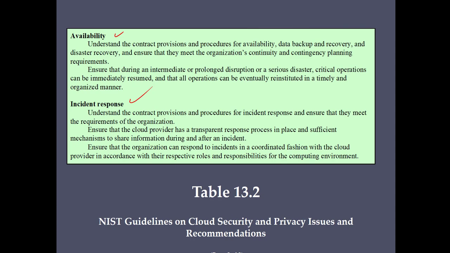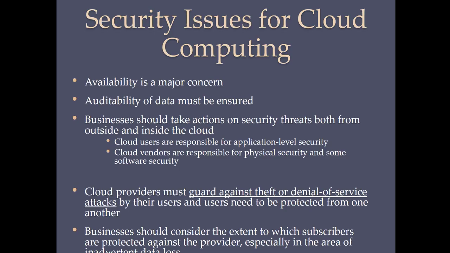Then we talked about security issues for cloud computing, and the main concern here is the availability of the cloud. Sometimes we say we need the availability to be five nines, which is 99.999%. So it's available most of the time, right?